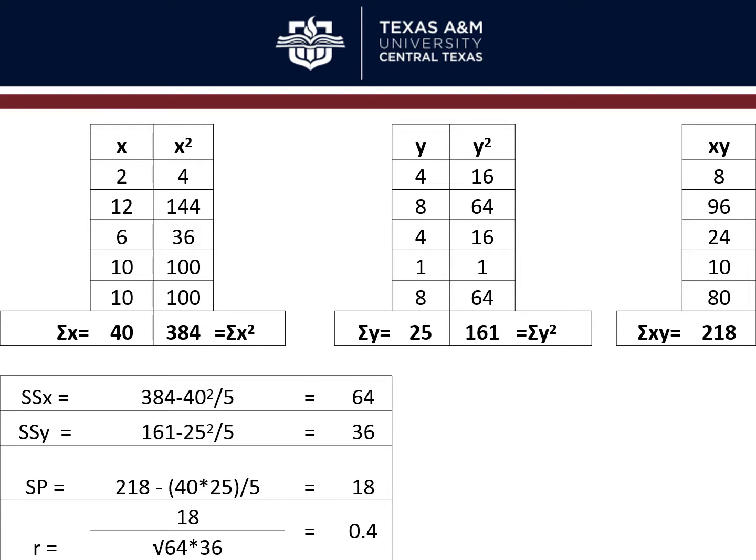So then the r value is calculated where you put the sum of the products in the numerator and divide by the square root of sums of squares X times sums of squares Y. Both those numbers are under the radical, which didn't really show up here, giving us a correlation of 0.4. Right? So a positive correlation, which we knew as soon as we saw our sum of the products was positive, because that denominator is a square root, so it's never going to come out negative.